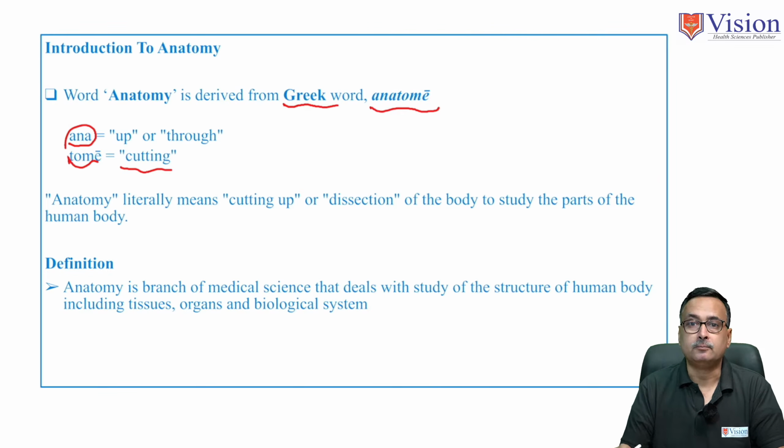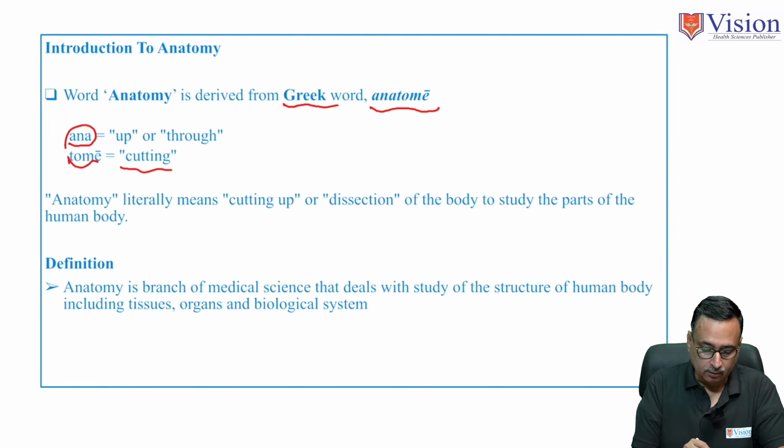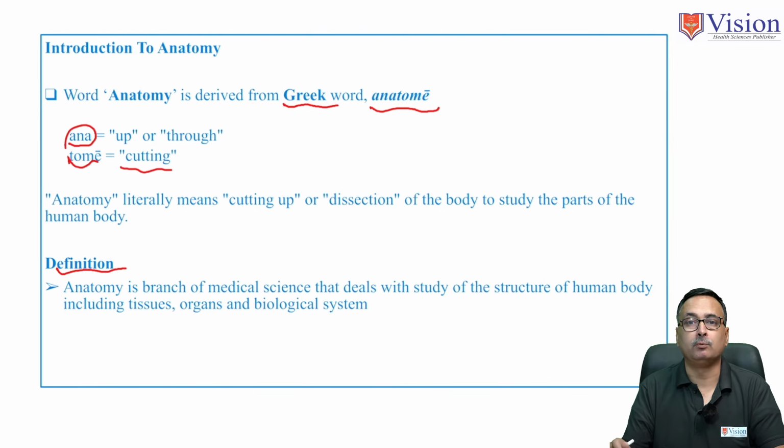So, etymologically, anatomy refers to cutting through or dissection of a cadaver to reveal the internal structures of the human body. A definition of human anatomy: it is a branch of medical science in which we study the structures of body parts, internal as well as external.